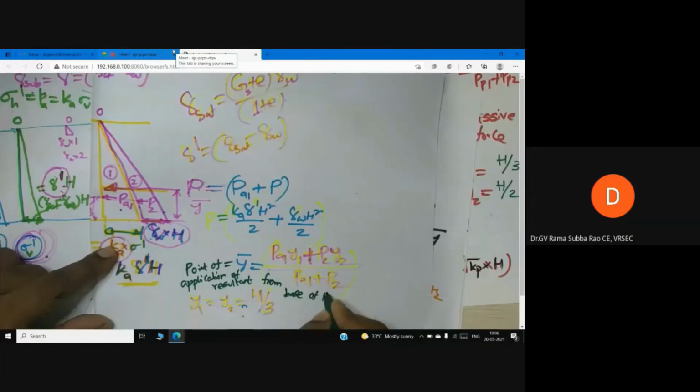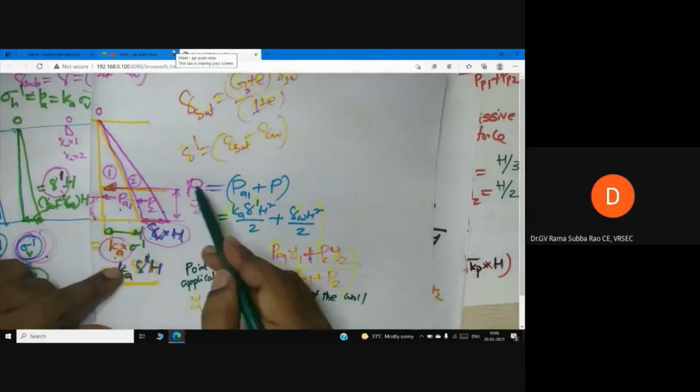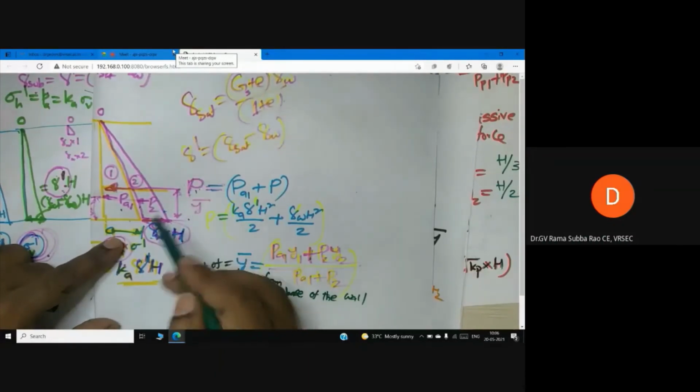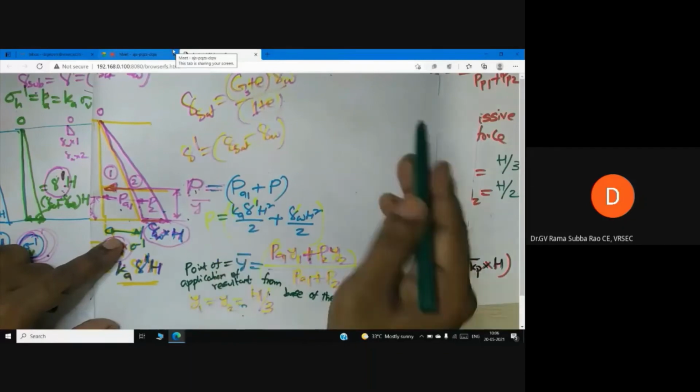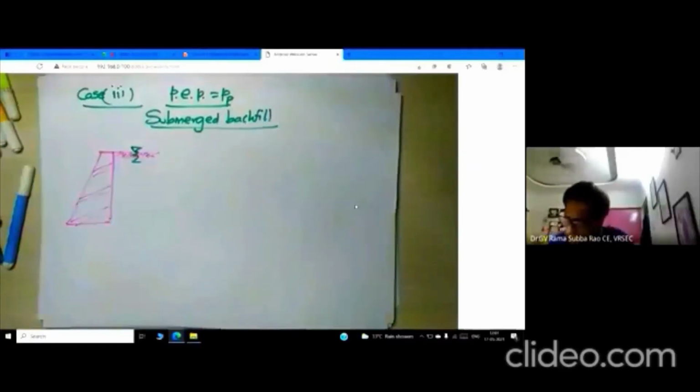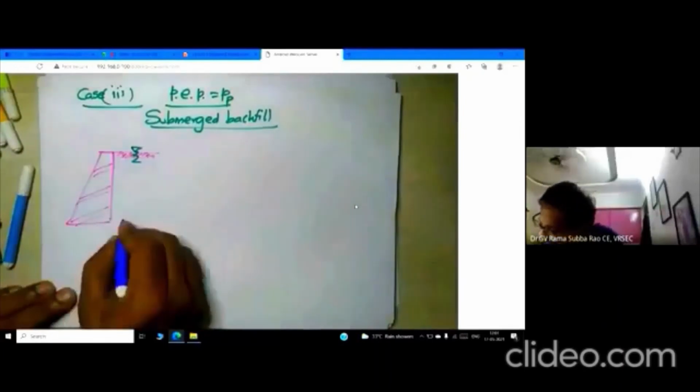Someone can ask me, sir, why are you calculating y bar? Because if you multiply force with lever arm, you will get moment. That itself gives P into y bar as the overturning moment. This is submerged backfill.